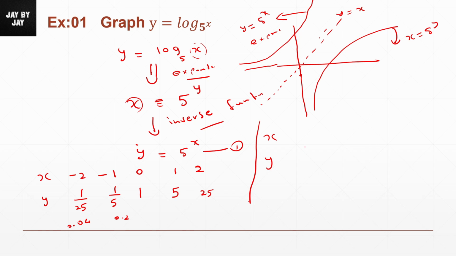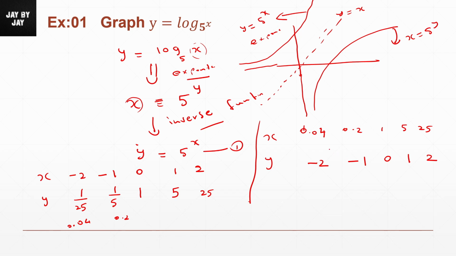Okay, here 1 over 0.04, 0.2, 1, 5, 25, and when it's 0.04, you will get minus 2. So 0.2, you get minus 1. 1, you get 0, and 5, you get 1, and 25, you get 2.